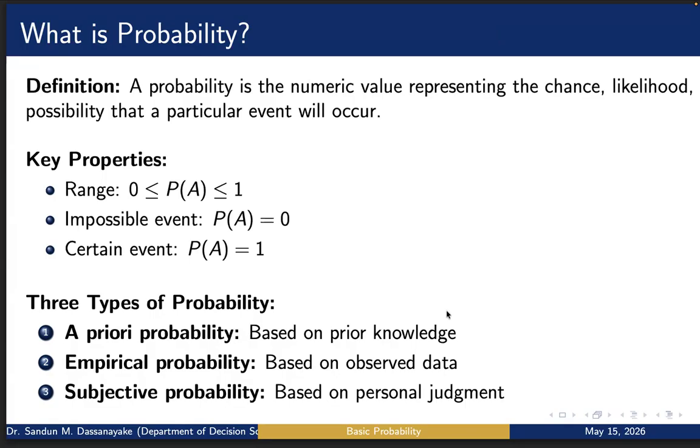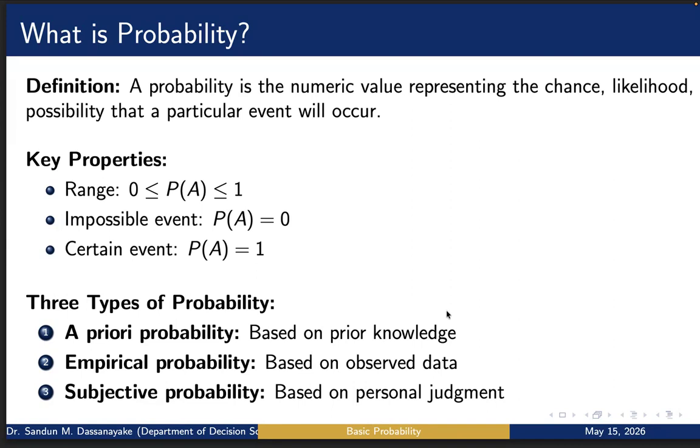But let's be more specific. Think about flipping a coin. You take a coin and then you flip it. When you flip it, you have two possible outcomes. The first one is a head, the other one is a tail. There is no order in it, either head or tail. So these are the two outcomes.